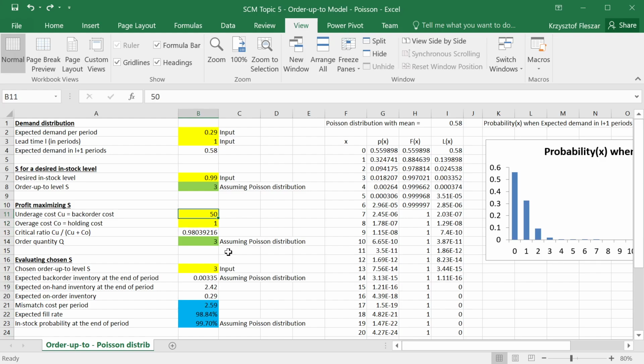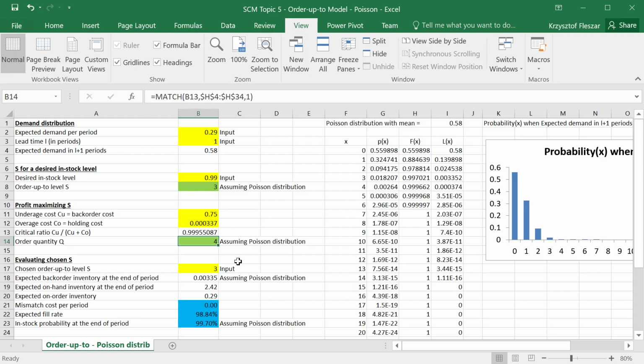We can do the calculation for the underage and overage costs that we assumed in our example with gross margin 0.75 and the overage 0.000337. If you recall, these were the multipliers of the price, but actually the price doesn't matter for the ratio, so these can be assumed as costs.